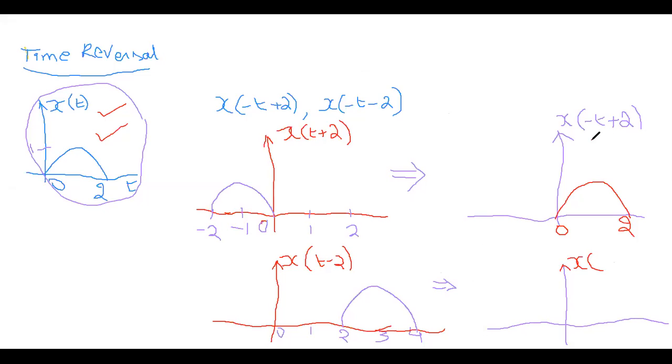See here, how do you get this? Just by interchanging t with minus t. So in this case also replace plus t with minus t. Why? Because now I am going to apply the time reversal property on this particular signal t minus 2. So all the positive values become negative and all the negative values become positive.